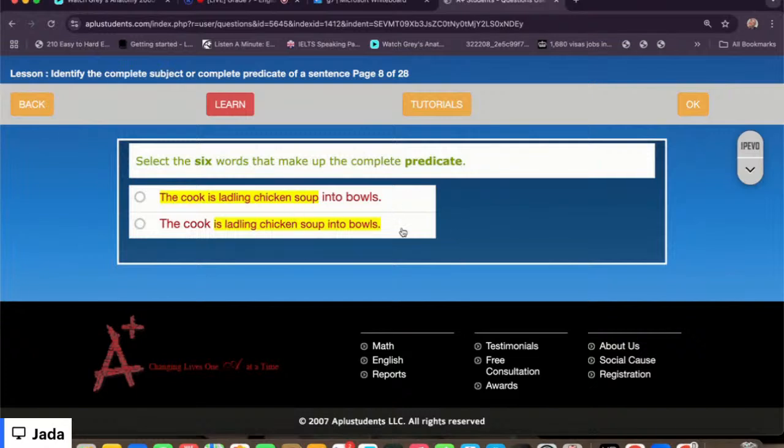So select the six words that make up the complete predicate. The cook is ladling chicken soup into bowls. So what are the six words that make up the complete predicate here?